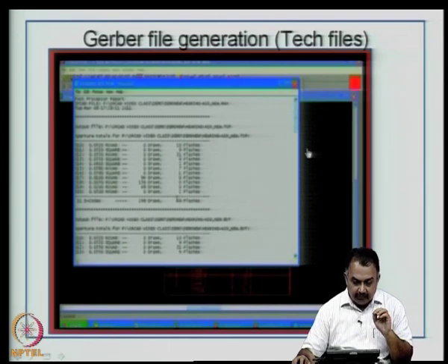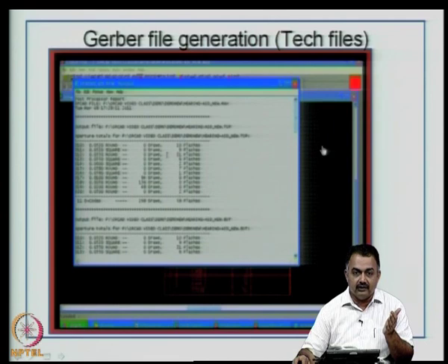It talks about the pad sizes, the track sizes. This is known as D codes. Okay. So, the D codes are universal and is accepted by all Gerber based photo plotting machines across the globe.